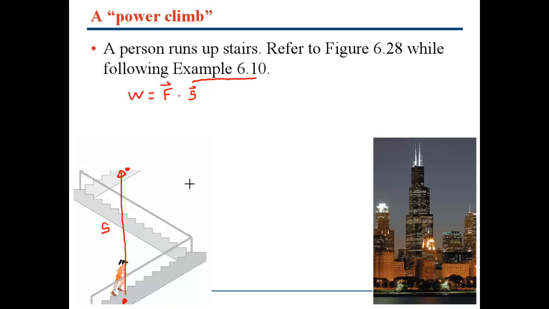So here we have the displacement vector right there, starting at where she starts her journey and where she finishes her journey. Now, the force that she has to use, if I draw the free body diagram for the runner and assume she's going at a constant velocity, this is the force of the runner, and this is her mass times gravity. What I'm interested in is how much work was done by this force of the runner, and this force happens to be in the same direction as the displacement s, so I can say that this force must be equal to the mass times gravity.